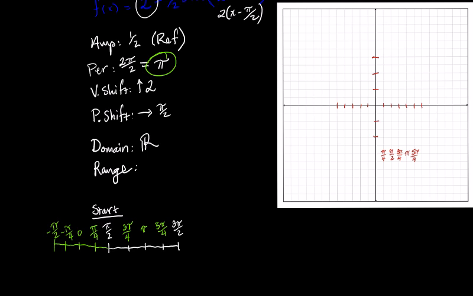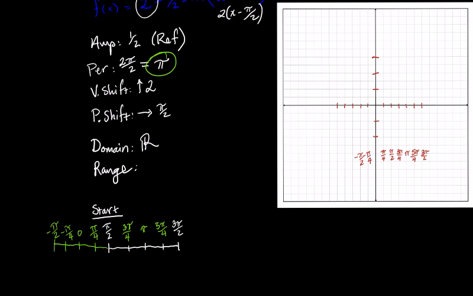Guess I need one more. And then 3 pi halves. 0, negative pi fourths, and negative pi halves. Alright.